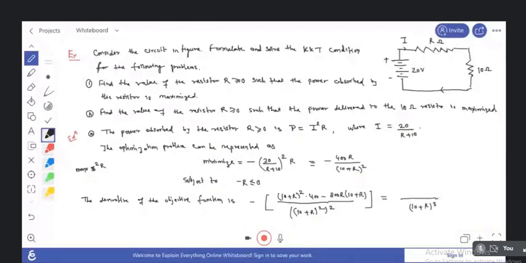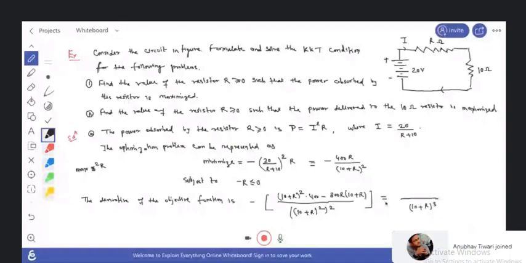Okay, so if we take 10 plus r here and cancel by this thing, this becomes 10 plus r. And if we try to solve this thing, this becomes minus 400. And this is 10 minus your objective function that is f0.